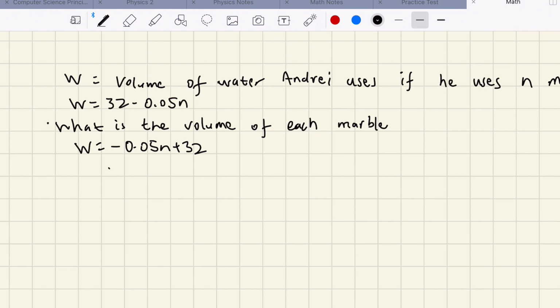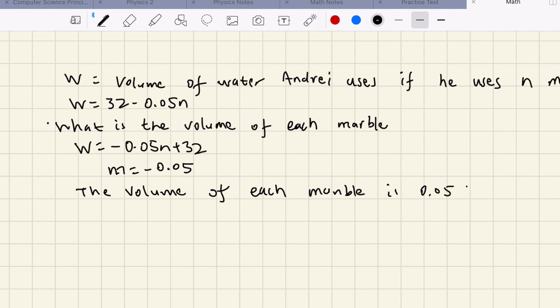This means the slope of the graph is negative 0.05, and a slope of negative 0.05 means each marble reduces the needed amount of water by 0.05 liters, which means the volume of each marble is 0.05 liters.